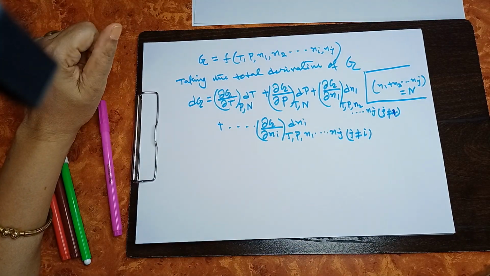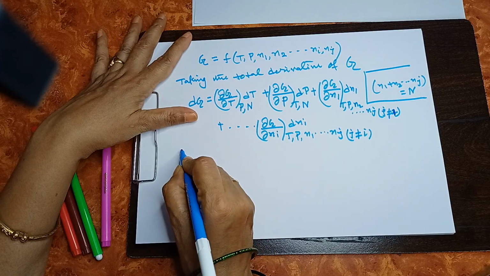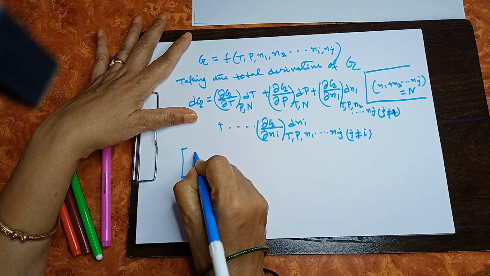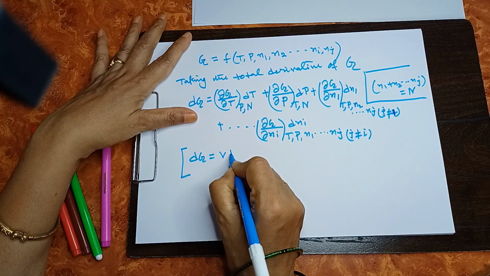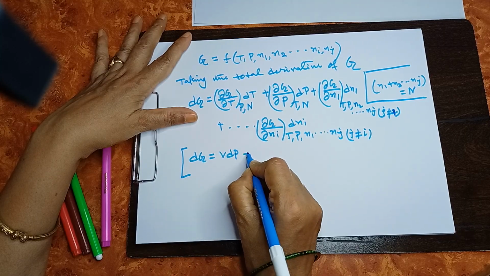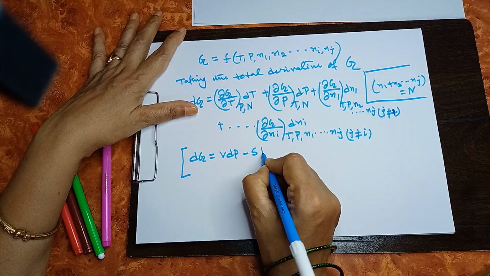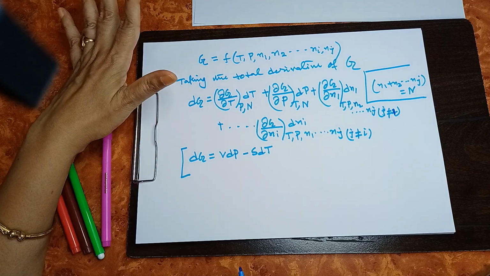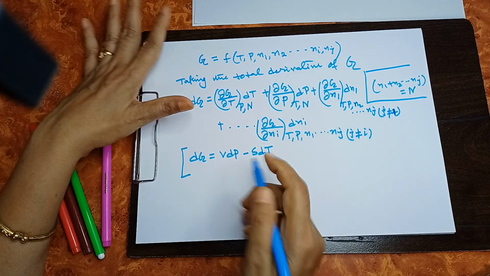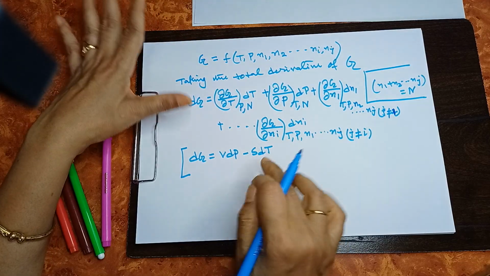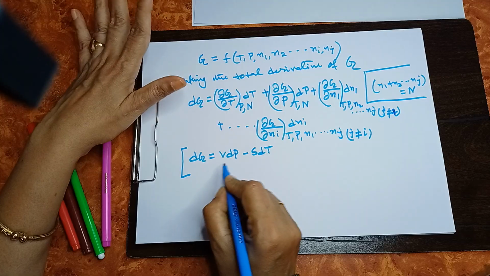Now we know that dG is equal to, as already derived, V dP minus S dT. This is for the closed system, not depending on the composition of the components.